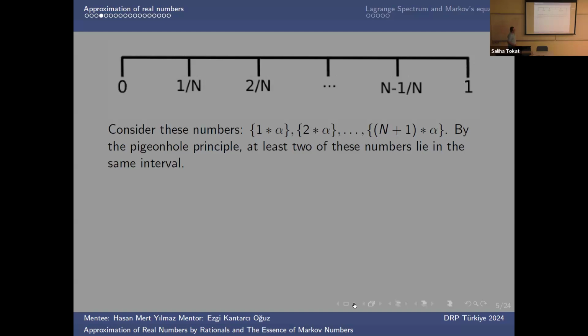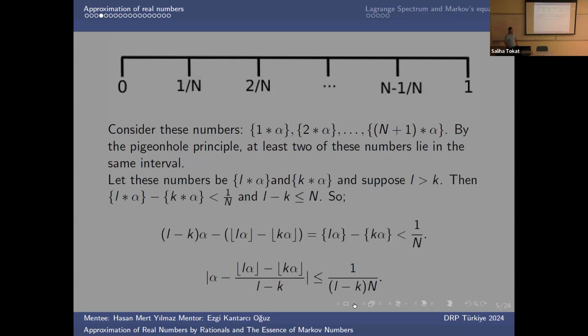Let's say those two integers are L and K. So we know L alpha and K alpha lie in the same interval. The fractional part of beta is beta minus the integer part of beta.